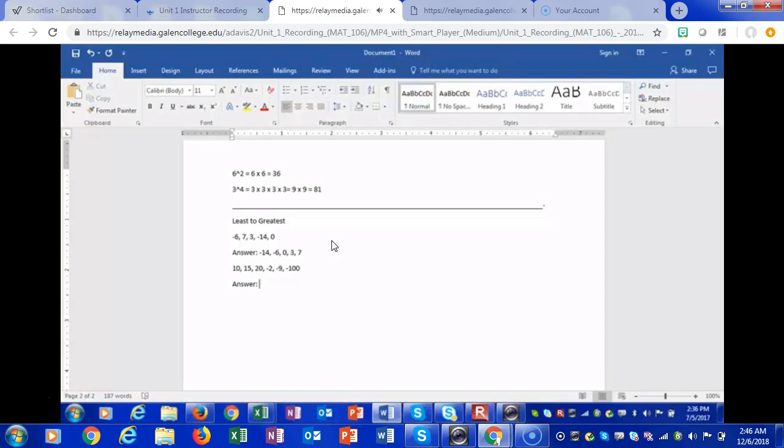So, our highest negative is negative 100. Our next highest is negative 9. Our next highest is negative 2. After that, of course, if 0 were mentioned, it would be right here. But 0 is not mentioned. So now we go to what is closest to 0, 10, then 15, and then 20.